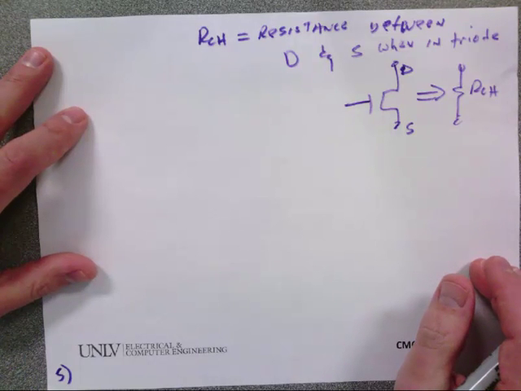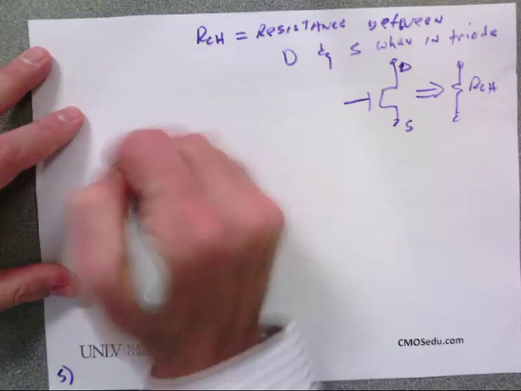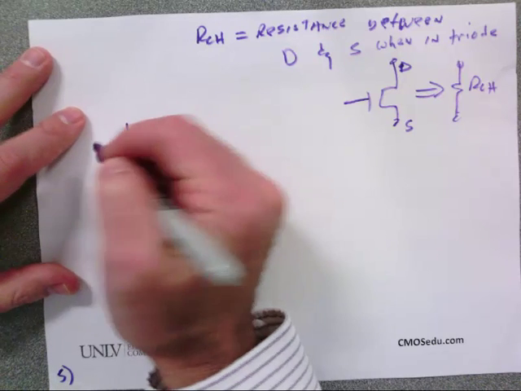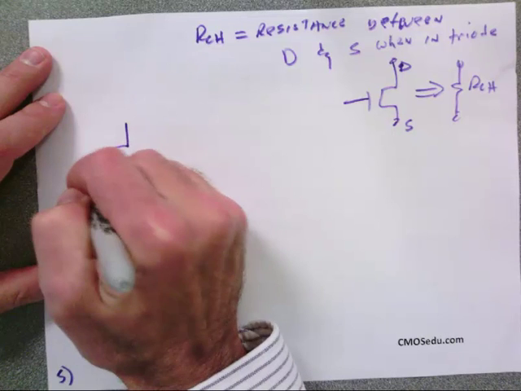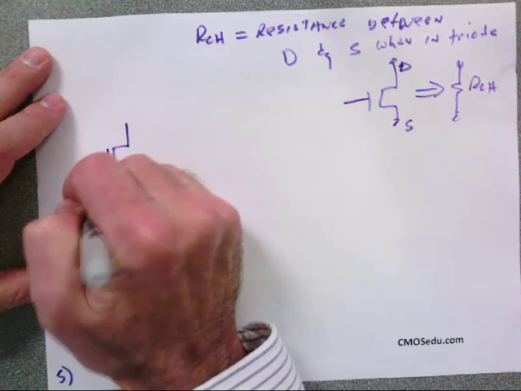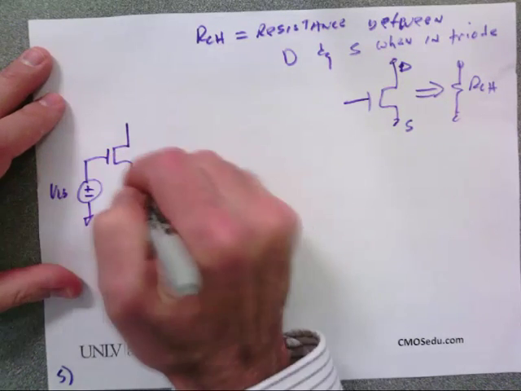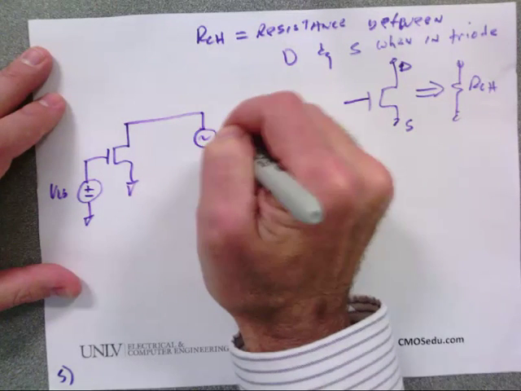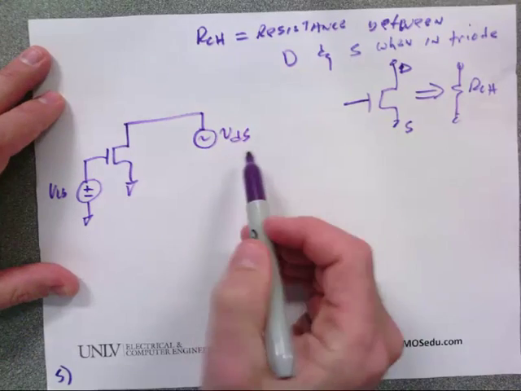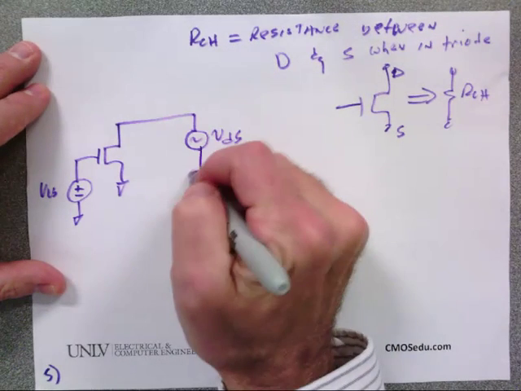Everybody follow? So here's what I'm going to do. I'm going to bias, because whenever I do small signal resistances, I have to bias the transistor up. I'm going to call this VGS. I'm going to put a little wiggle here called VDS. Notice how I'm changing the variables. I'm going to put a bias.